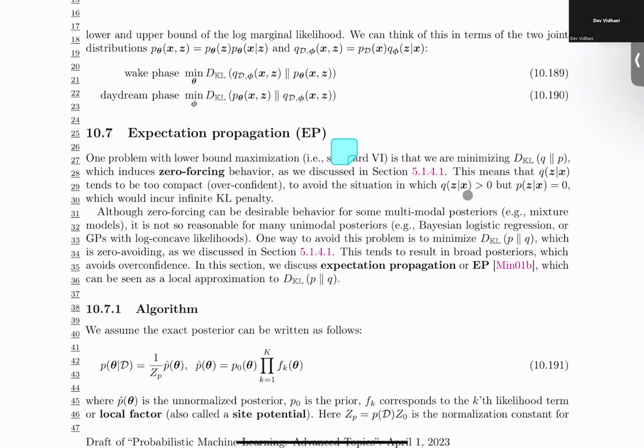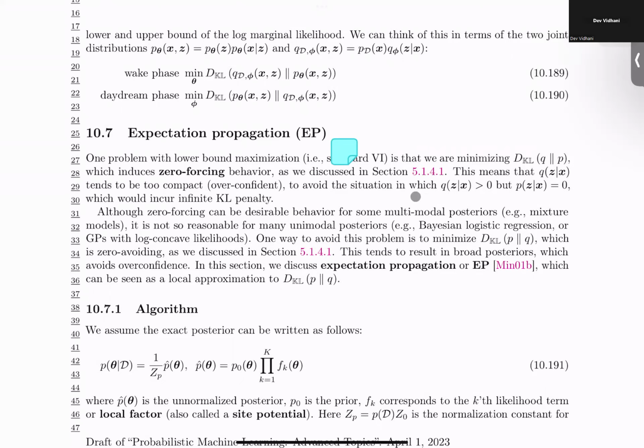If you have a multimodal probability distribution for a posterior, reverse KL will find one of those and stick with it, because that way it can avoid the situation where P(z|x) is 0 but your Q(z) is non-zero, in which case your KL will become infinity. So that's how it tries to avoid that.